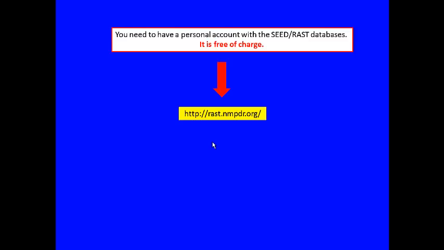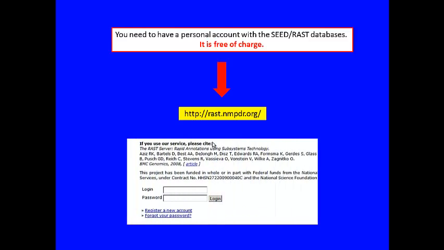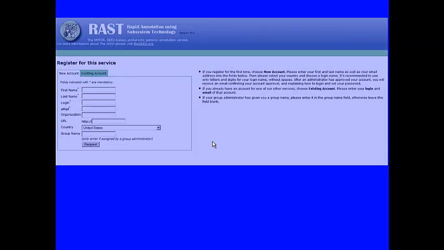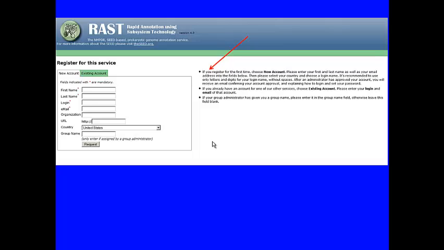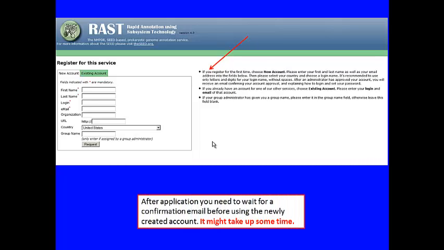Scroll to the very bottom of this page and click on the Register a New Account link. Follow the directions to apply for a new account. After applying, you need to wait for a confirmation email before using the newly created account. Since it might take some time to obtain the requested account, we suggest that you do this as soon as possible.